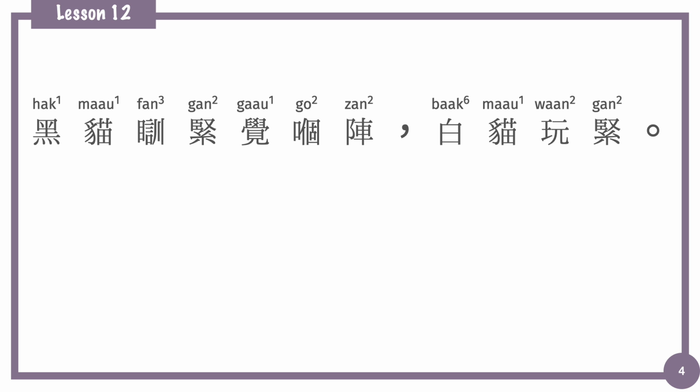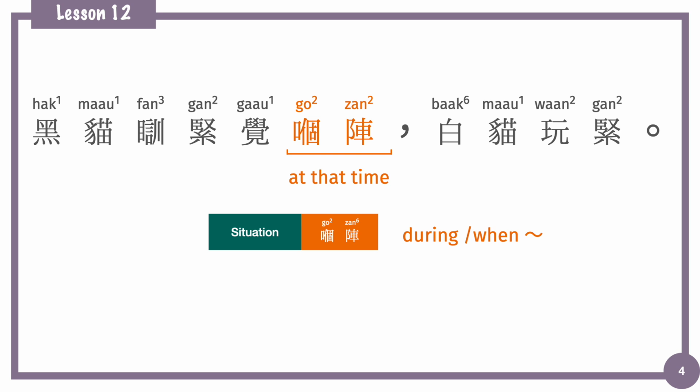Finally, let's talk about the last sample sentence of today. 隻黑貓瞓緊覺嗰陣，白貓玩緊. We'll talk about the word 嗰陣. It's a sentence conjunction, meaning that time. We always add it after a situation. So the pattern is situation 嗰陣, which means during or when the situation.